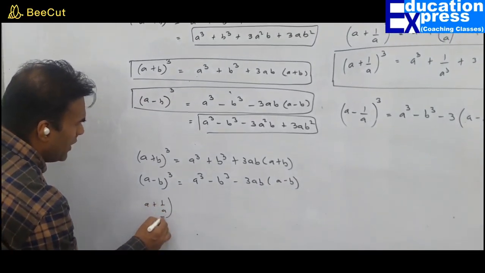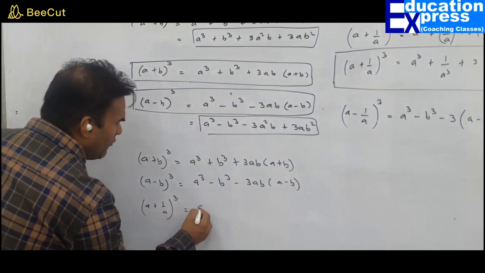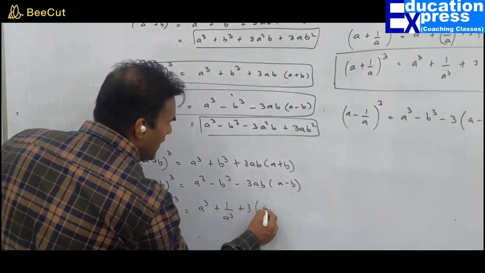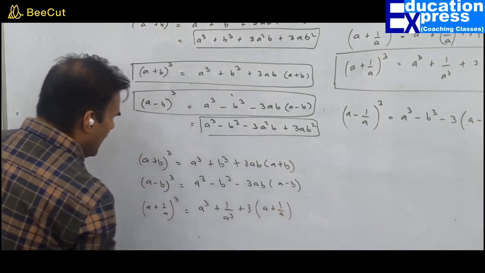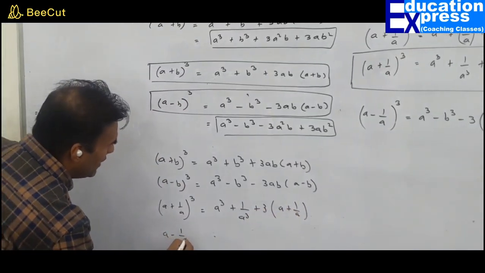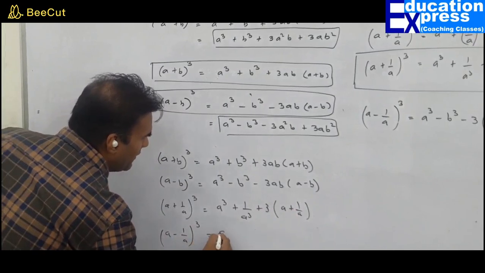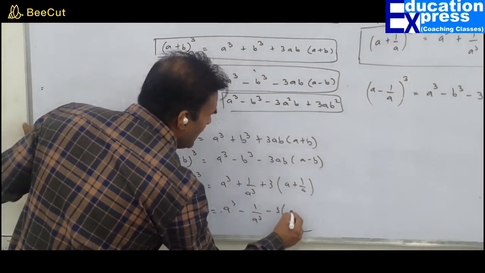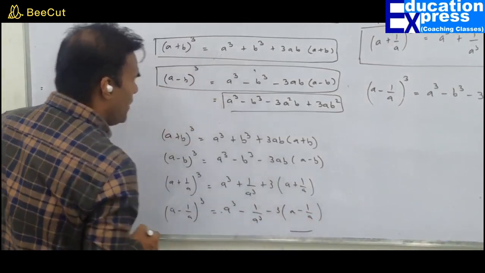(A plus 1 upon A) the whole cube would be A cube plus 1 upon A cube plus 3 (A plus 1 upon A), and finally (A minus 1 upon A) the whole cube can be written as A cube minus 1 upon A cube minus 3 (A minus 1 upon A).